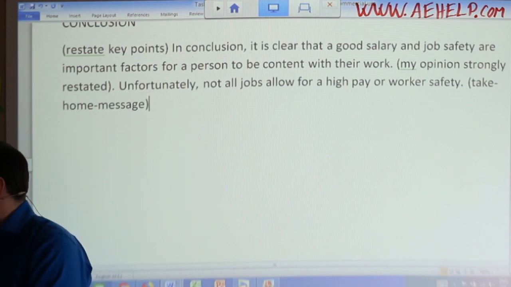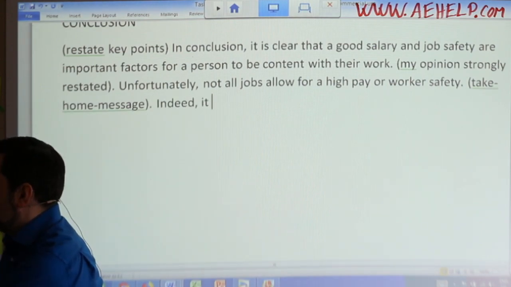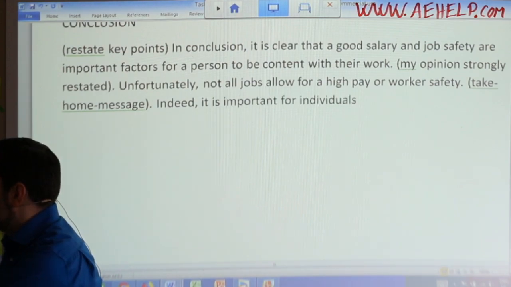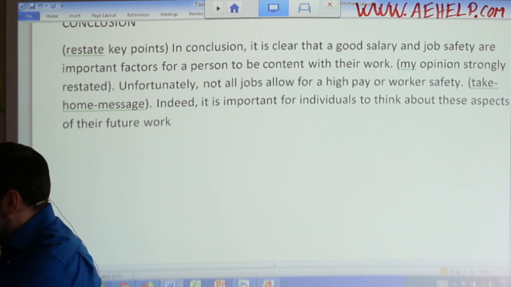How about just giving advice that indeed it is important for individuals to think about these factors or these aspects of their future work when they decide a career path.